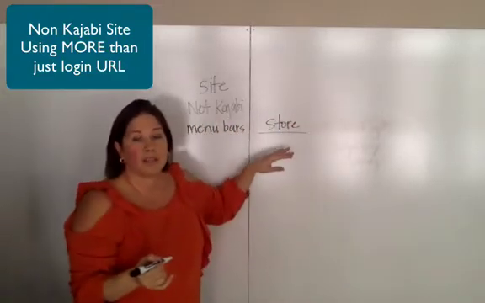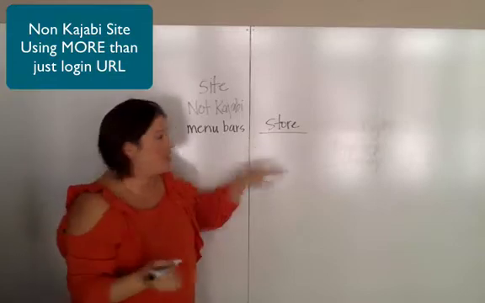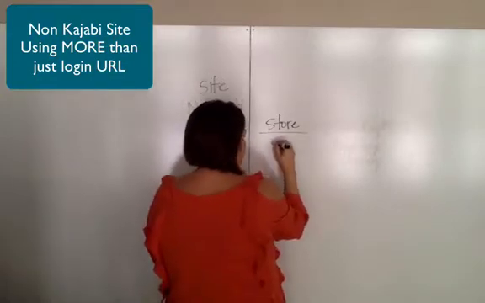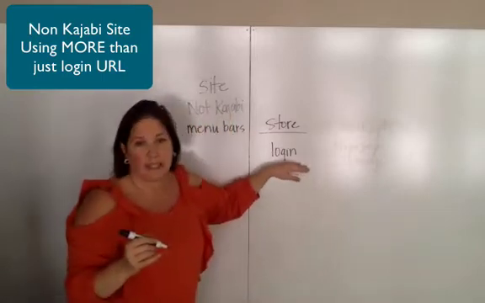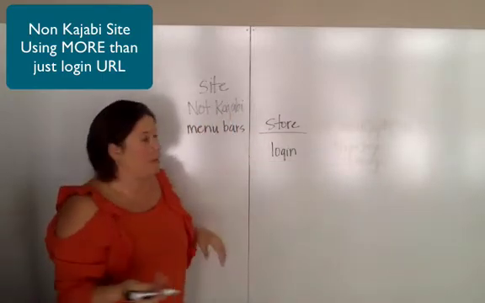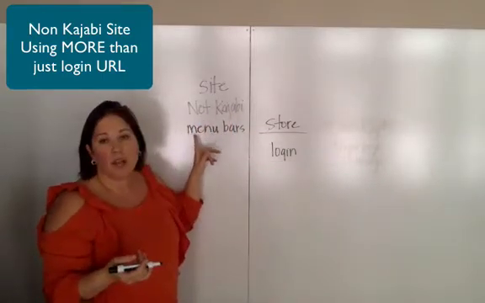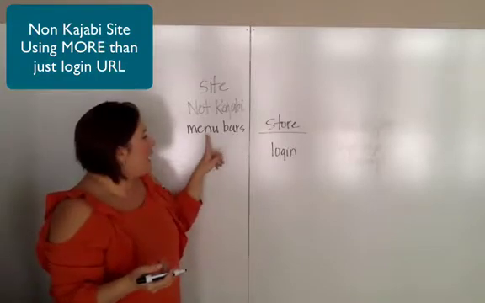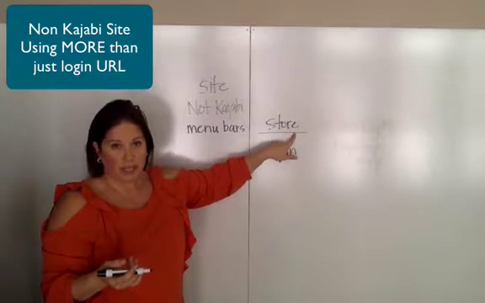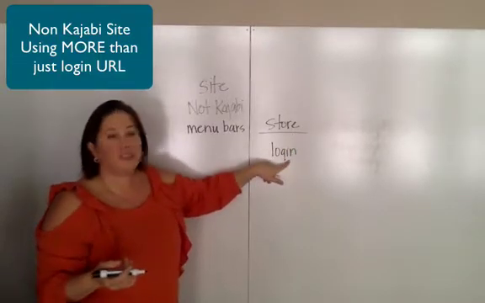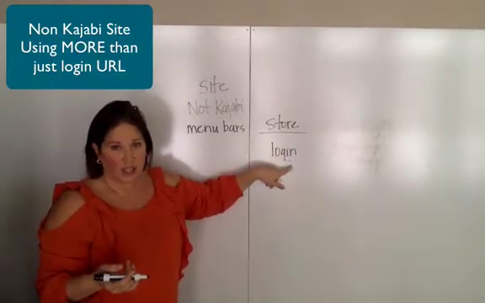So you want to be able to access the store function. Maybe you're also going to use it to hold your content. So we're going to put the login key, which again takes us to the library page. So in your non-Kajabi site, you're going to have links to the store in Kajabi. You're going to have links to the login in Kajabi.